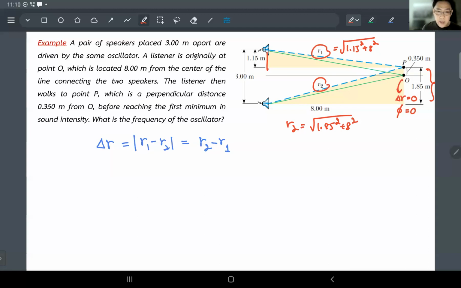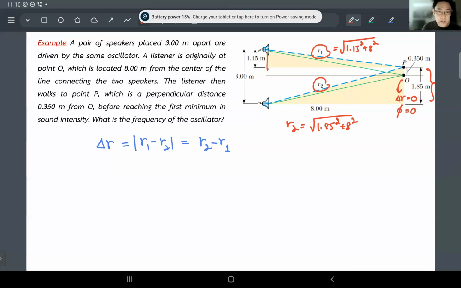That is fine. Now, once you take the difference, it's time for you to calculate the phase difference. Does that make sense? You got the distance difference, you got the path difference already. That's delta R. What you want to do is convert this into the phase difference. So you have a better logic of how you are going to deal with this.